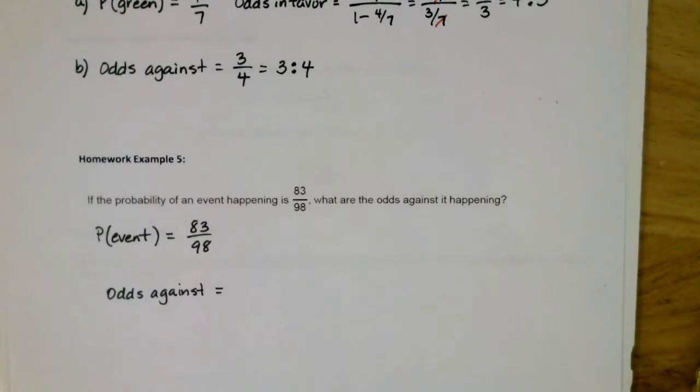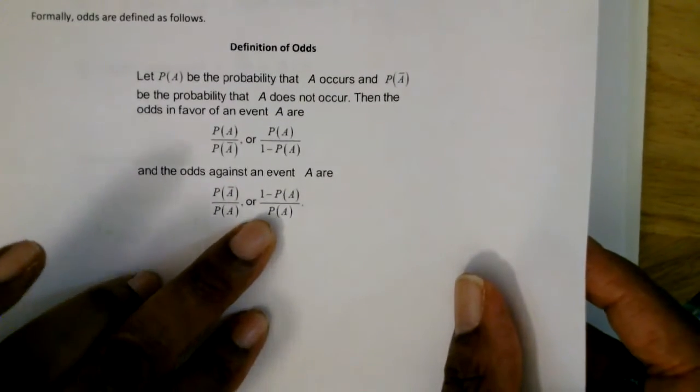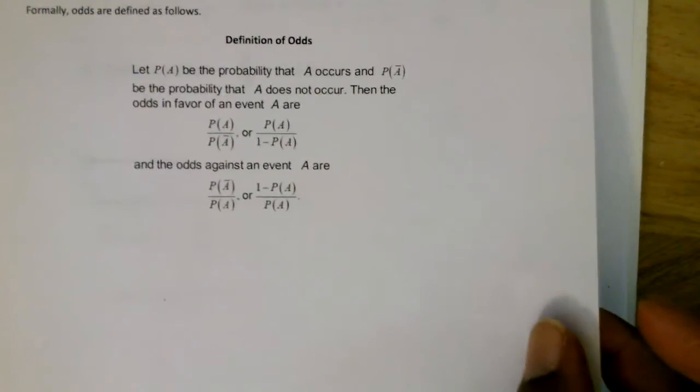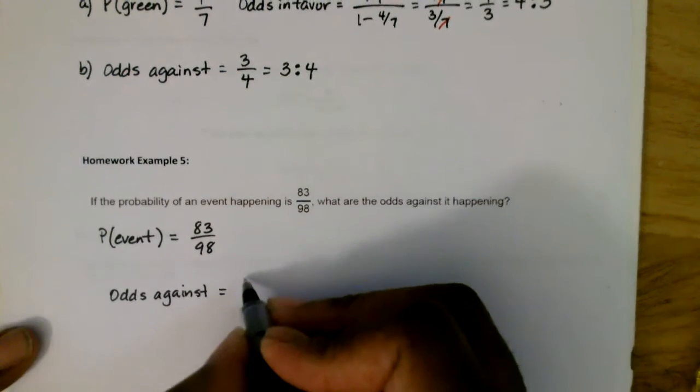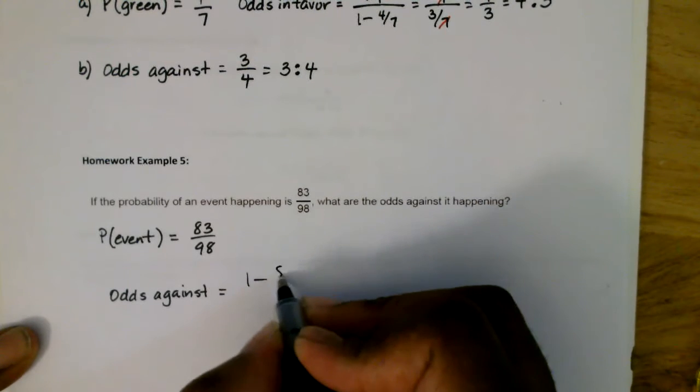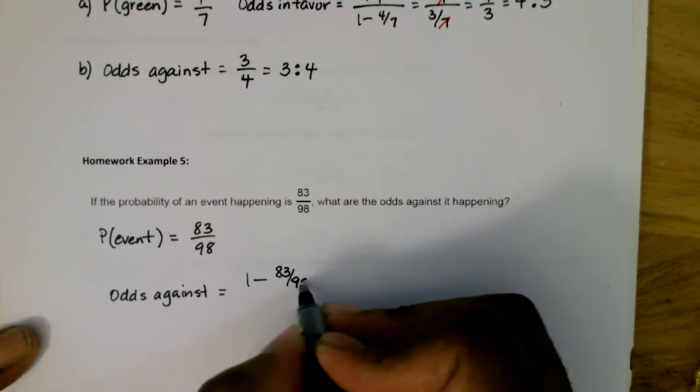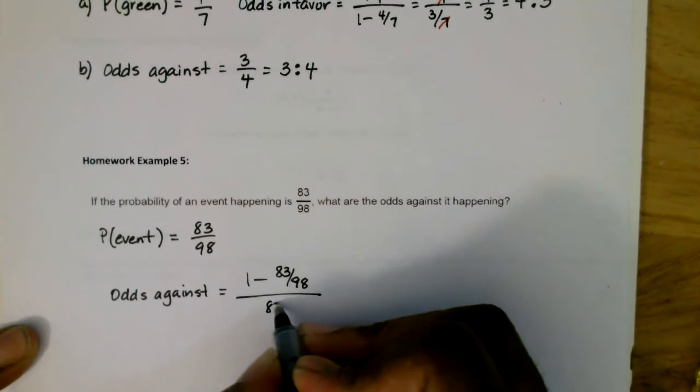Well, of course, the odds against any event happening would be 1 minus the probability of event A divided by the probability of event A.